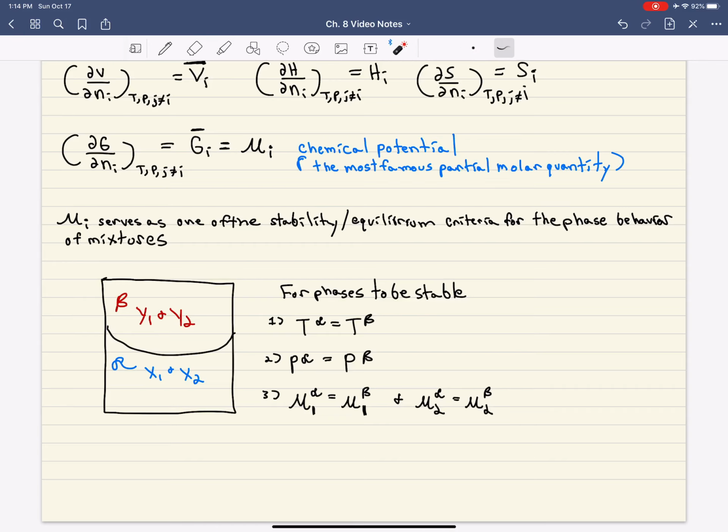And I want to emphasize that this is true and this is true, but saying that the chemical potential of species 1 is equal to the chemical potential of species 2, that's not true. That's not a generally true thing. All right, so we'll talk more about that later. But essentially, the main point I want to emphasize is that these chemical potentials turn out to be useful if we want to study the phase behavior and equilibrium behavior of our mixtures.